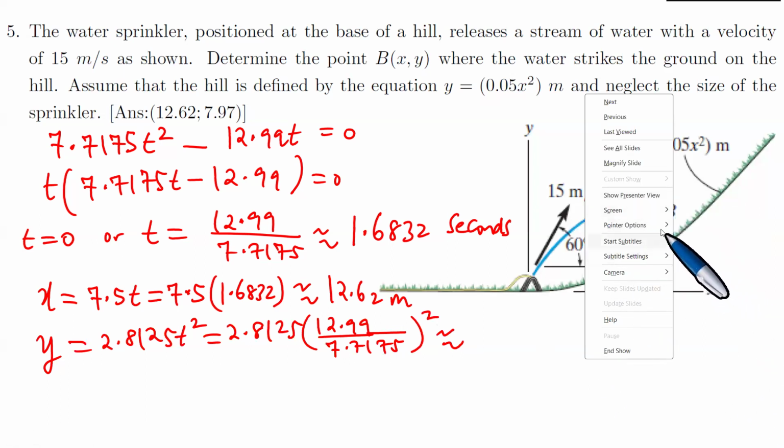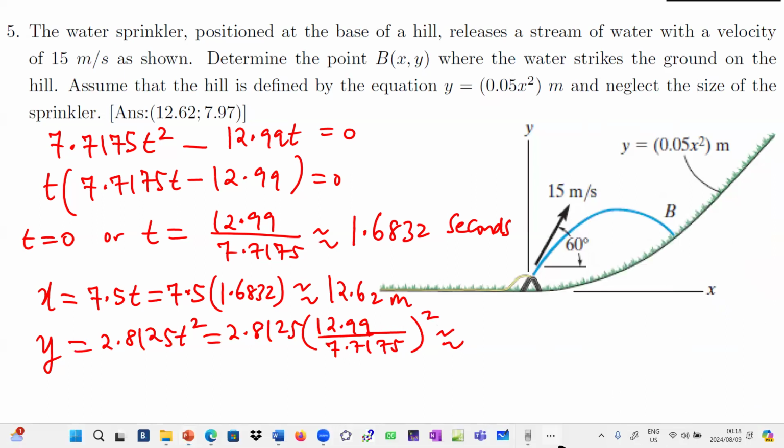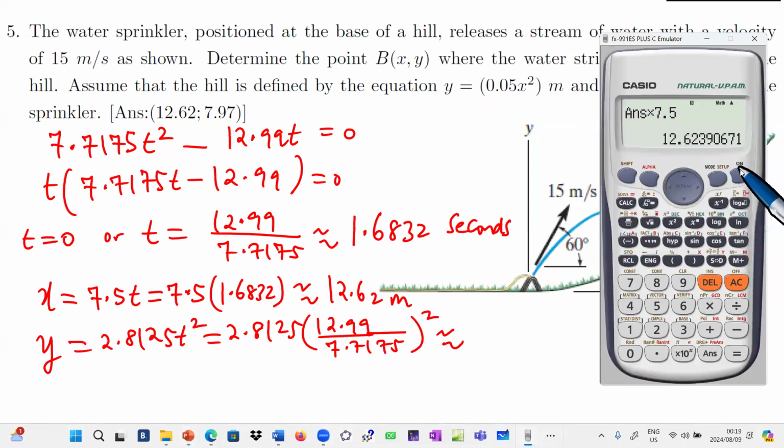So we're going to do 2.8125 open bracket 12.99 over 7.7175 and then you close.